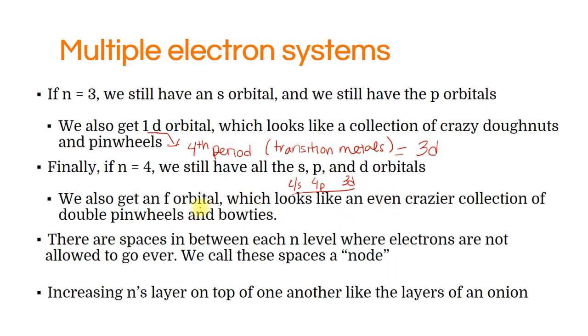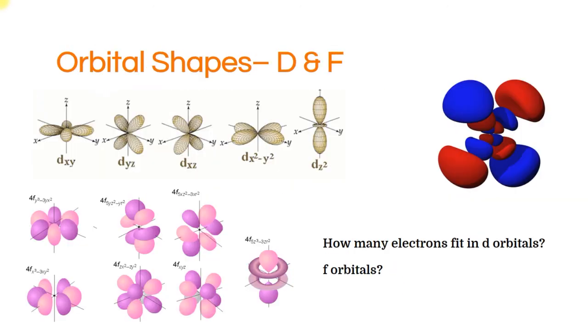The f orbitals, we call them, happen farther down in period 6. And the lowest energy f orbital in period 6 is called the 4f. So it's the 4th energy level, but it's shaped differently from the others, from the s, the p, the d. Okay, and as always, there are spaces in between each level where electrons are not allowed to go.